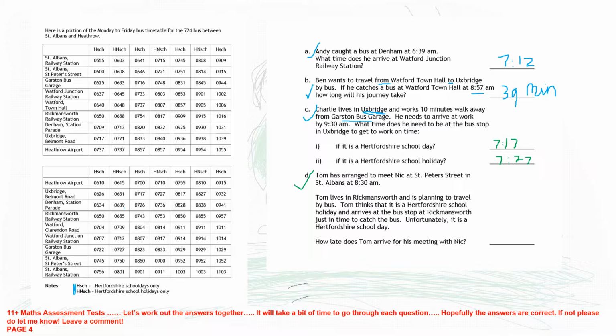So he has to meet Nick at St. Peter's Street in St. Albans at 8:30. He has to go here, and he lives in Rickmansworth. So he has to go from here, Rickmansworth. That is the journey: Rickmansworth railway station to St. Albans, St. Peter's Street.